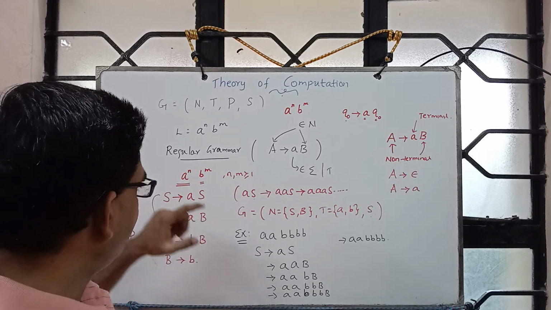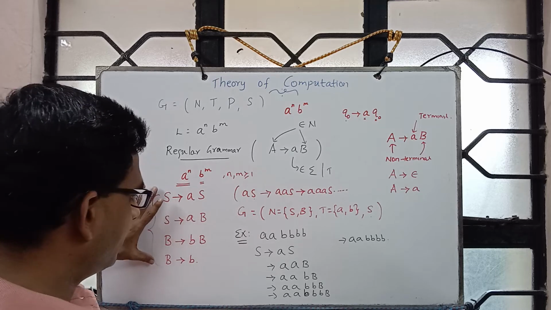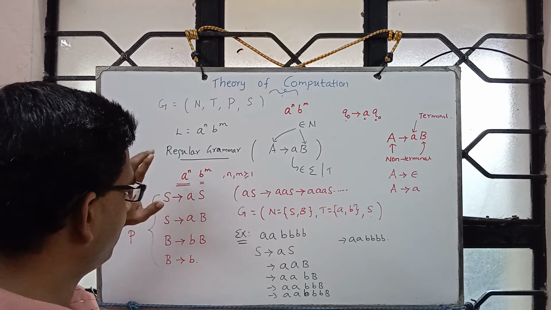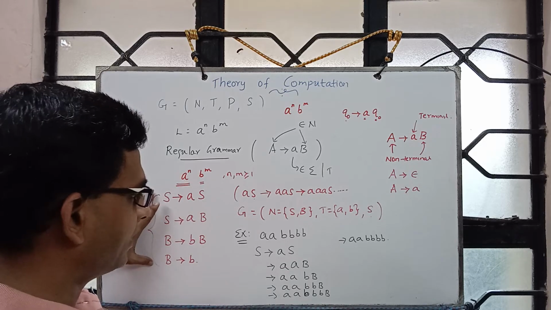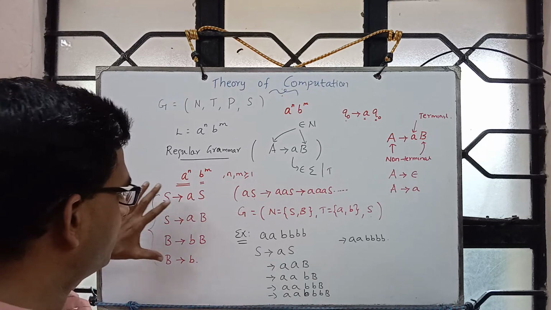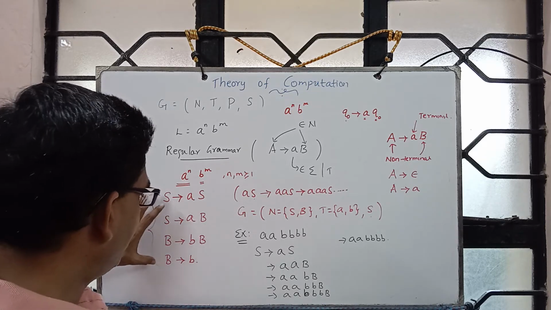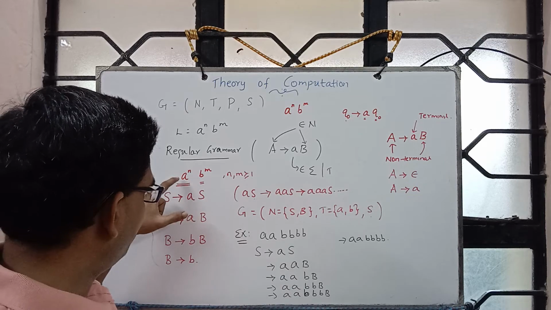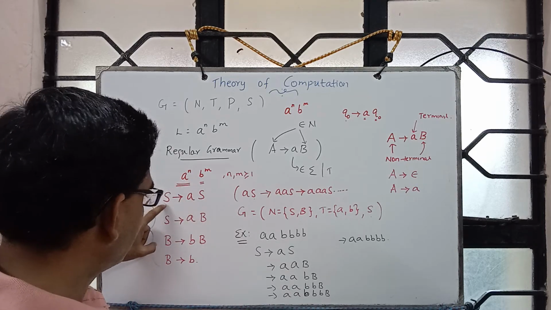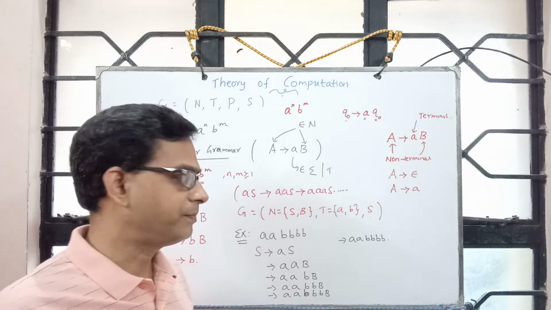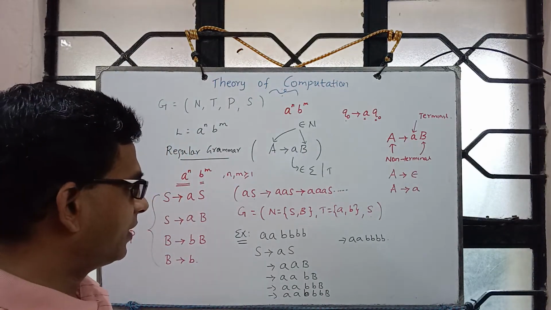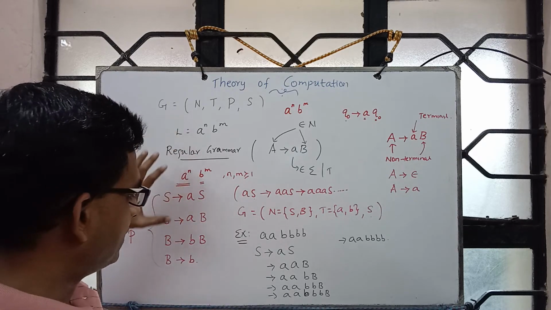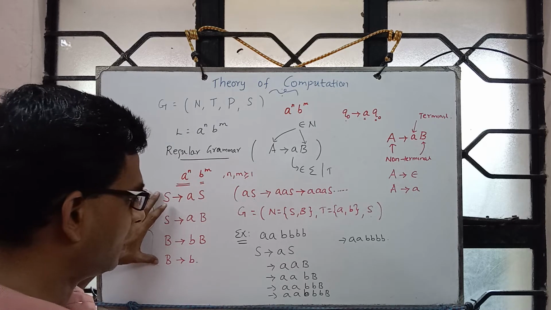And interestingly, any string of this type can be generated using this, and things that are not part of the language, for example b square a power 4, such strings you cannot generate using these productions. So it is sound and complete. What is generated using this through a derivation like this is part of the language, and every string that is part of the language can be generated starting from S. Okay. So now this tells you that a regular language can be expressed using a succinct expression called grammars.